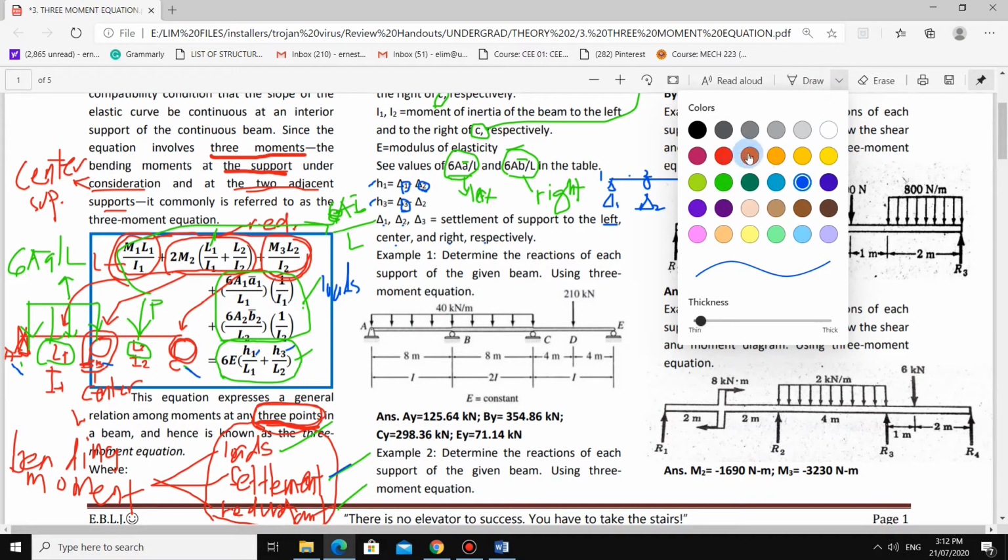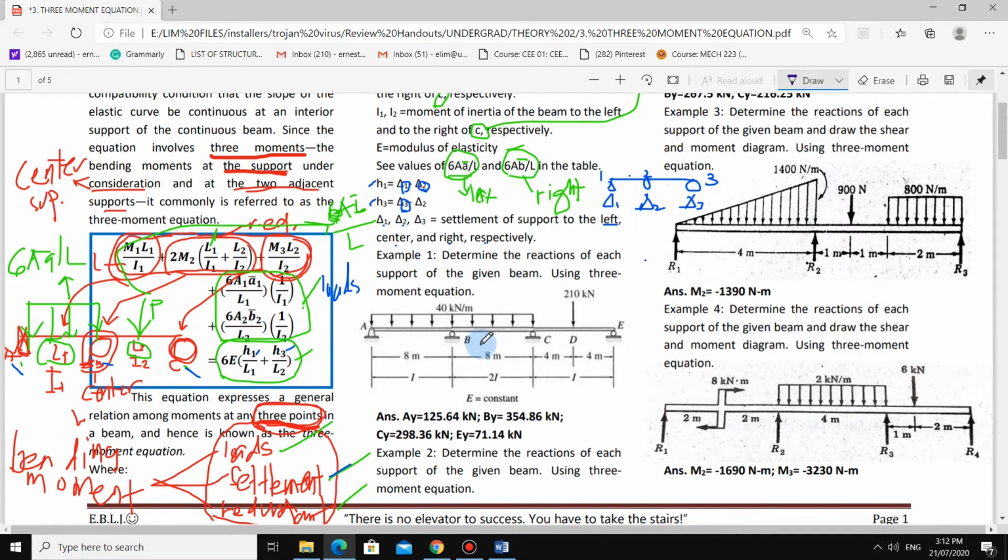these concepts to our example. Okay, so we have this example here. In sample 1, determine the reactions of each support of the given beam using the 3-moment equation.